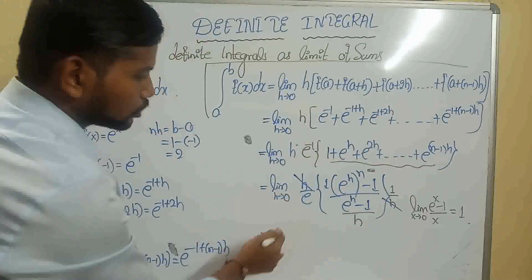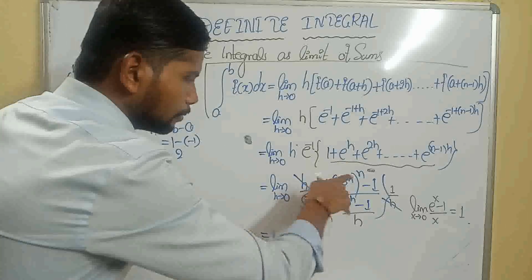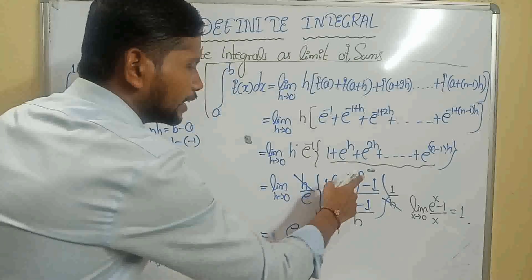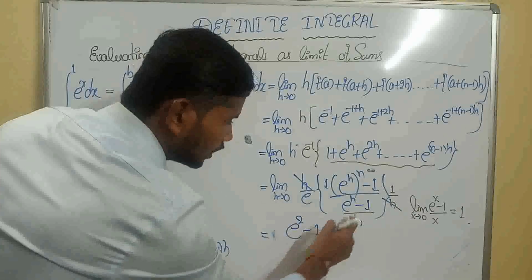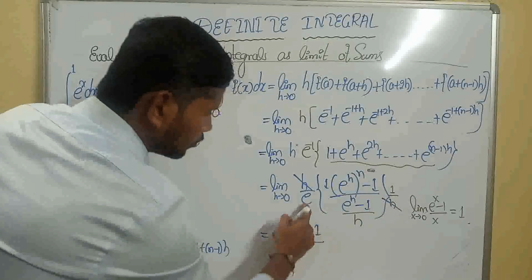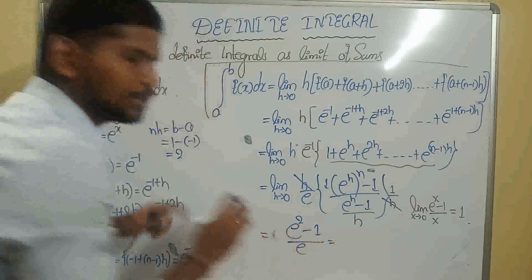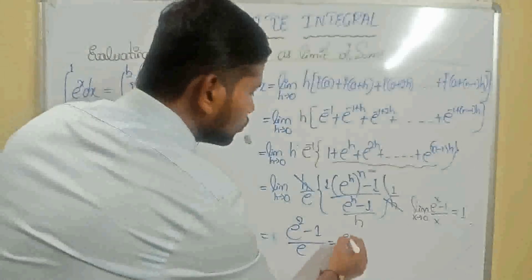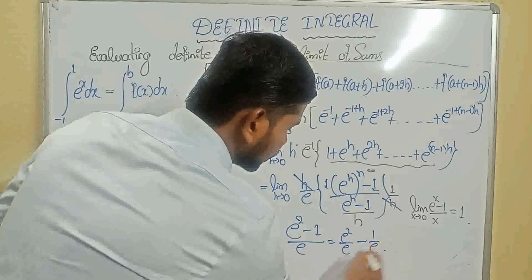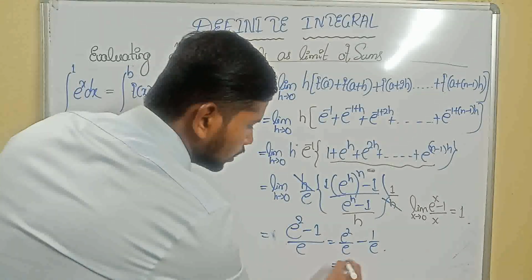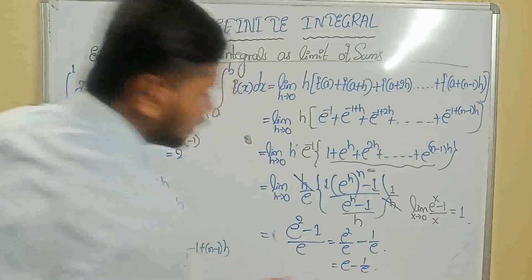Limit as h tending to 0, apply the limit: e to the power nh, what is nh? nh value is 2, so e to the power 2 minus 1. This complete value will be 1, and the denominator left over is e. The answer will be e to the power 2 divided by e minus 1 by e. The next step, e square by e will be e, so the answer is e minus 1 divided by e.